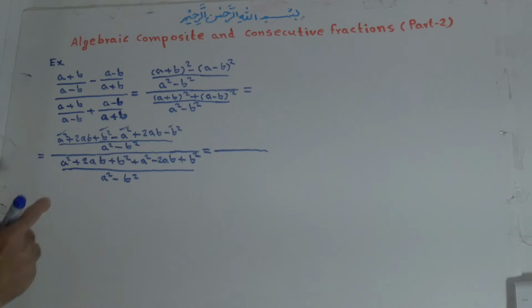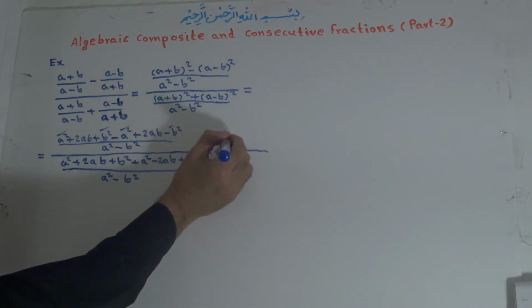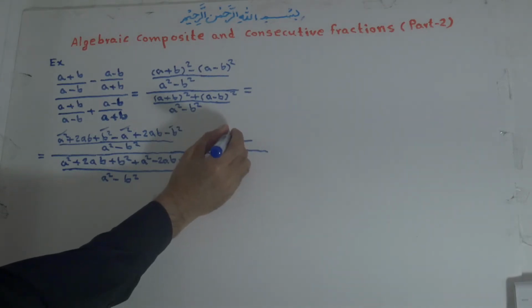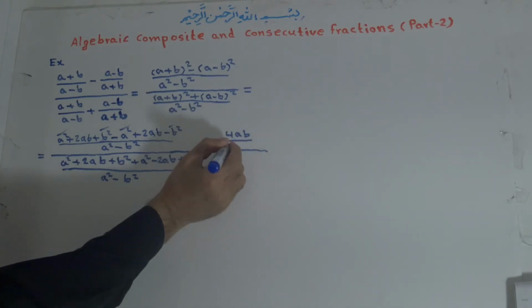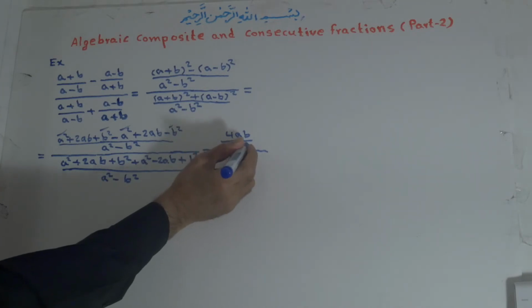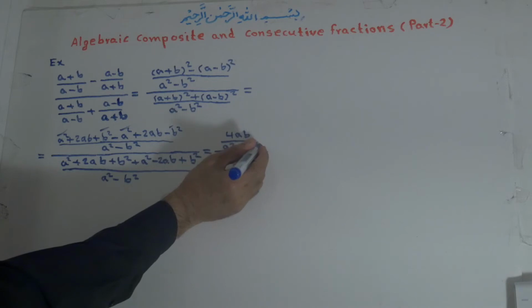What is remaining? 2ab and 2ab. 2ab plus 2ab is equal to 4ab over a to the power of 2 minus b to the power of 2.